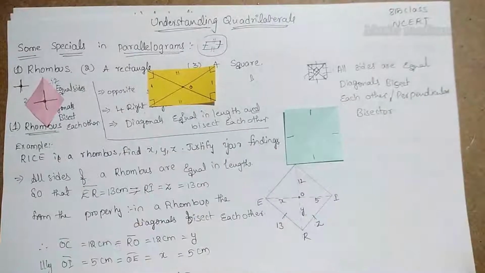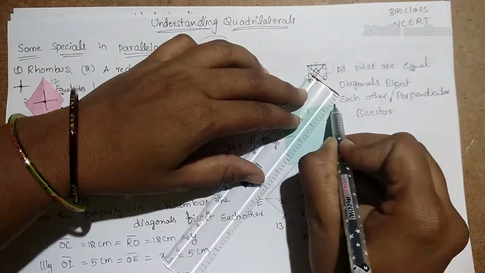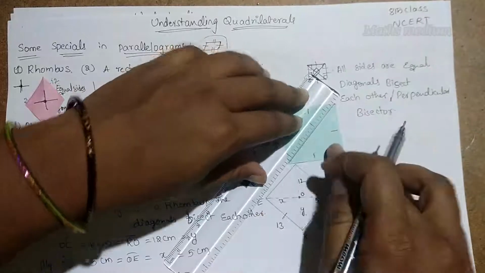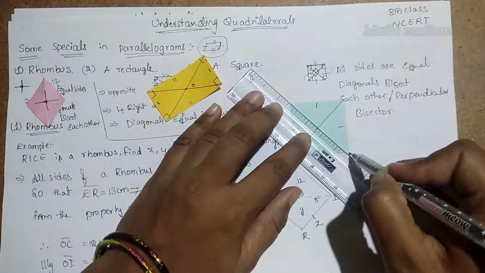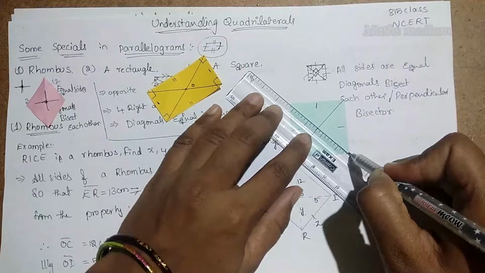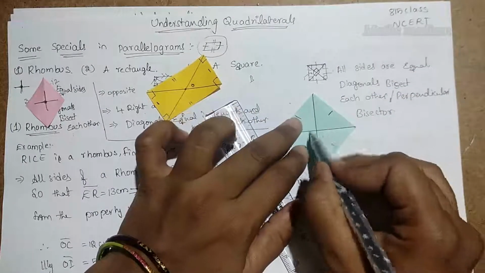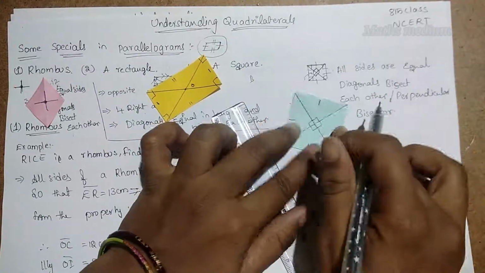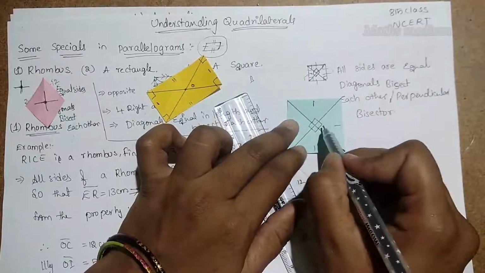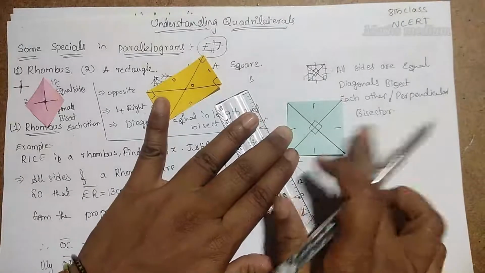So if you make diagonals through the vertices, see here, this is at 90 degrees and 90 degrees. So this is said to be a perpendicular bisector. Perpendicular is nothing but making 90 degrees at a point where the line is touching the other line. So this is the perpendicular bisector.